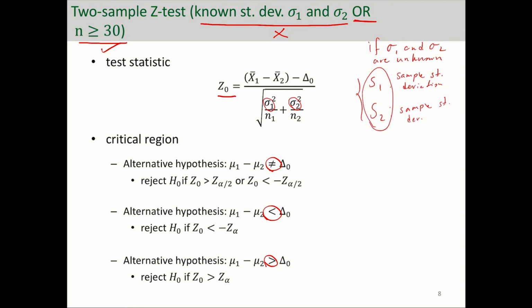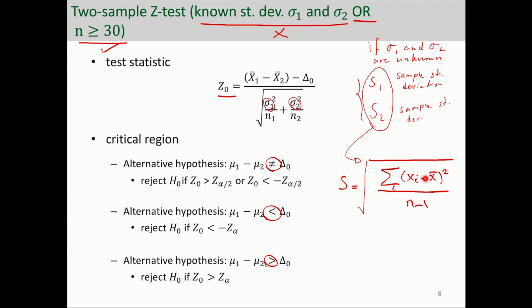How do we calculate sample standard deviations? When you collect the sample, you can calculate them using different statistical software, or if you're doing it by hand, S is equal to the square root of the summation of (xi minus x bar) squared over n minus 1, where the summation is over i.